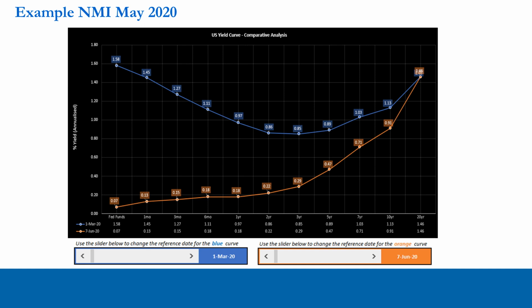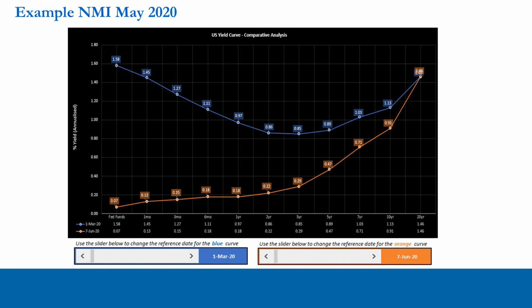And we would have had context as to where the yield curve had come from and where it was at that time. So if we look at some history here of the yield curve, and we look at where the yield curve was on the 1st of March 2020, you can see very obvious inversion there.